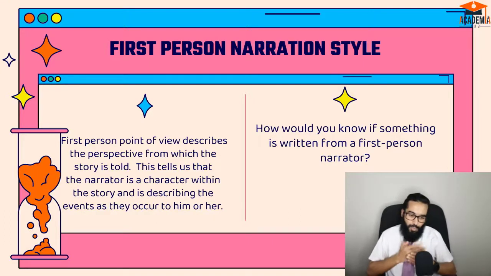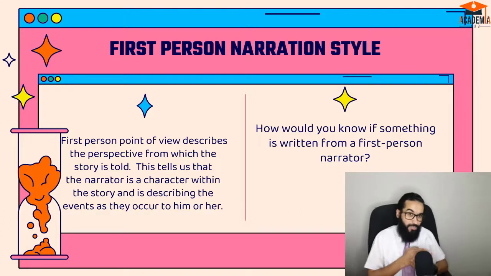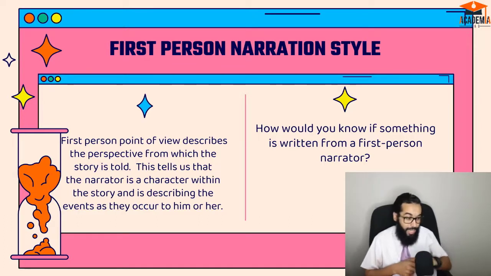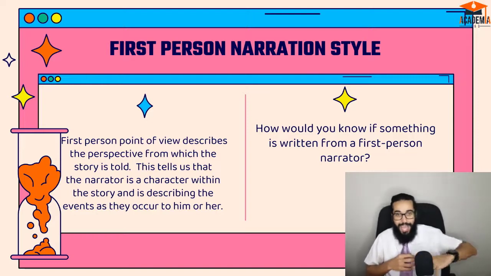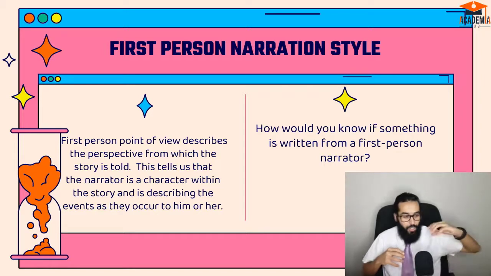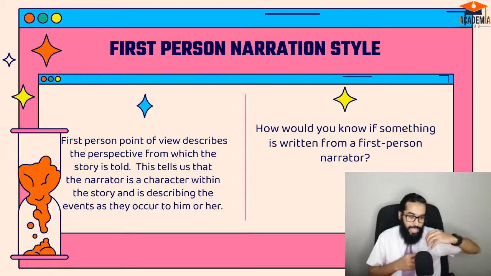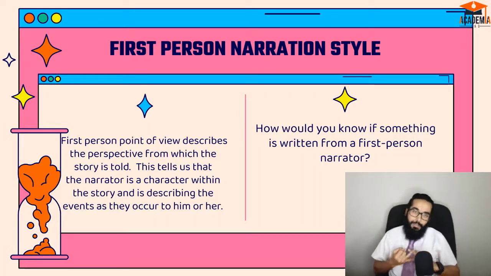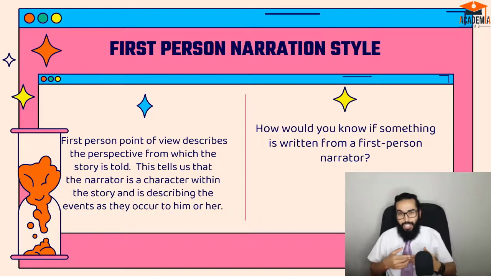So this is first person narration, because James is saying, for example, I went to the mall that day, this happened to me, I had an accident, I had a birthday party. You get narrations and stories coming out from James, using I, my, me, mine. That's the first person narration.